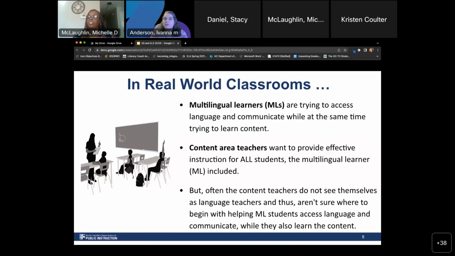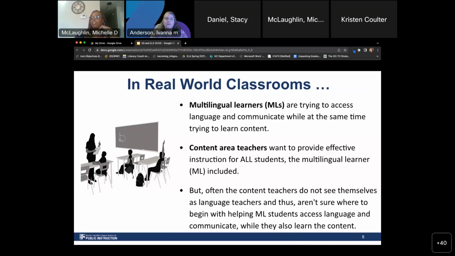And then the content teacher, you want to always make sure that you are planning instruction for all students, but particularly when you have the ML student in your classroom, you want to make sure you're addressing them. So with those being two considerations, what we often see is as content teachers, we aren't sure if we're really doing the right thing, if we're really helping the ML student.